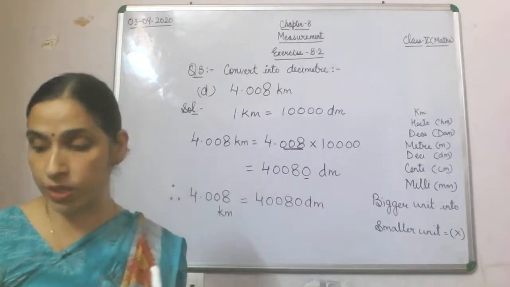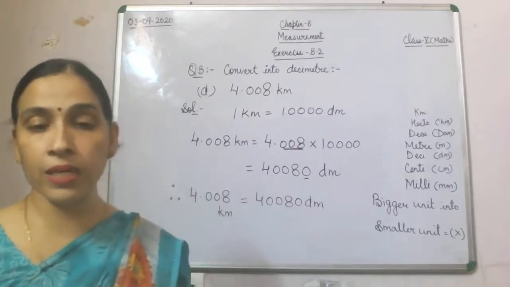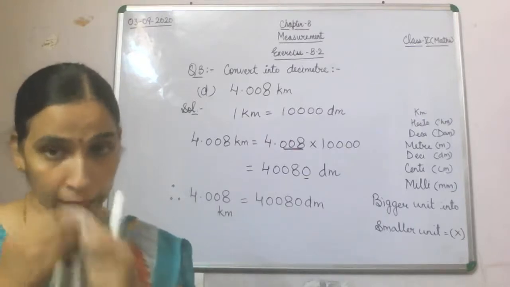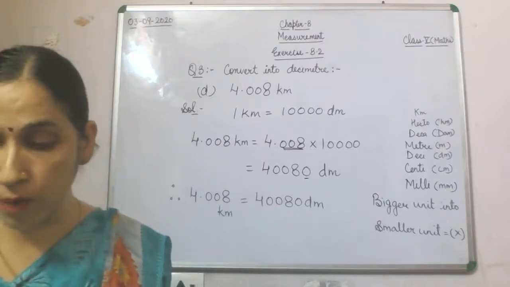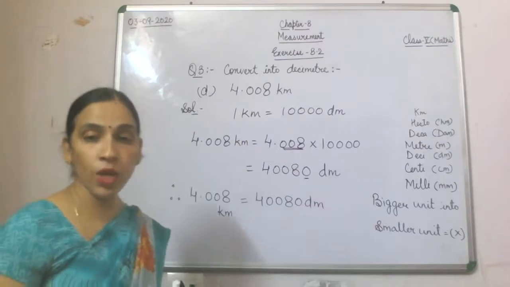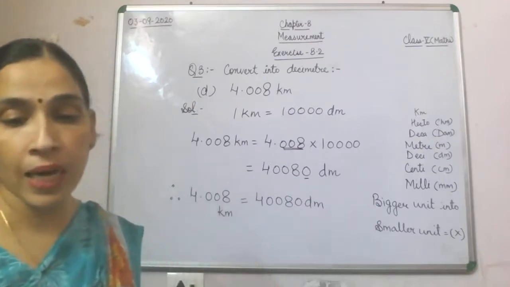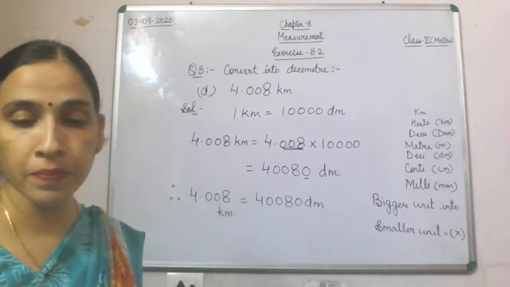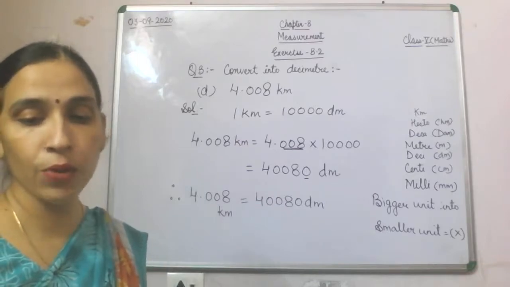Now let's see, children, the next question, that is question 4. Again that question is related to conversion from a bigger unit into a smaller unit. So let's find out how to do question 4 and understand how to convert it.